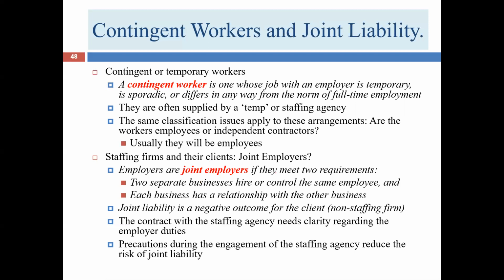So let's consider these two requirements that have to exist in order for the company that has hired the temp business and placed Susan to be considered a joint employer. The two separate businesses hire or control the same employee, and each business has a relationship with the other business.